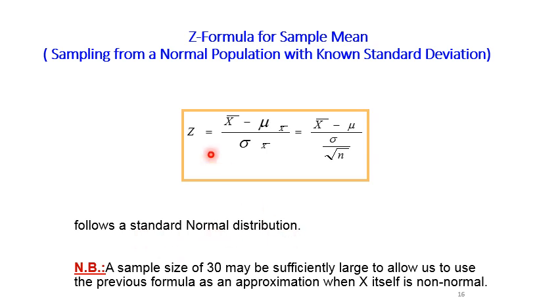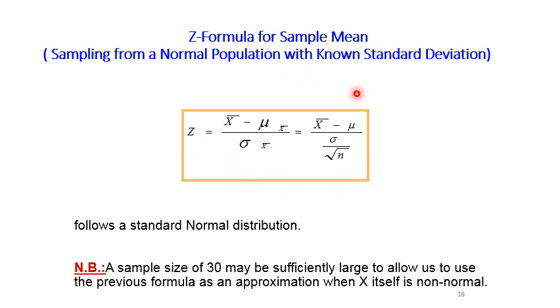And after this transformation from X bar to Z, I can use the standard normal table and find any probability related to X bar, like the probability that X bar is greater than 2, the probability that X bar is less than 3, or any other interval.